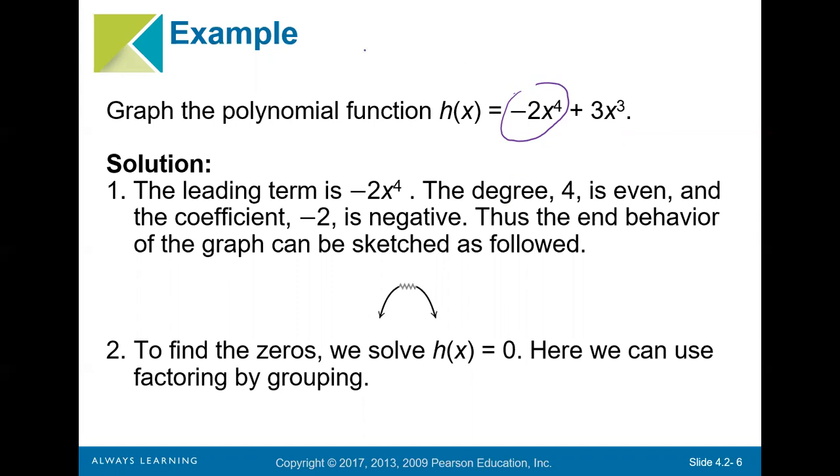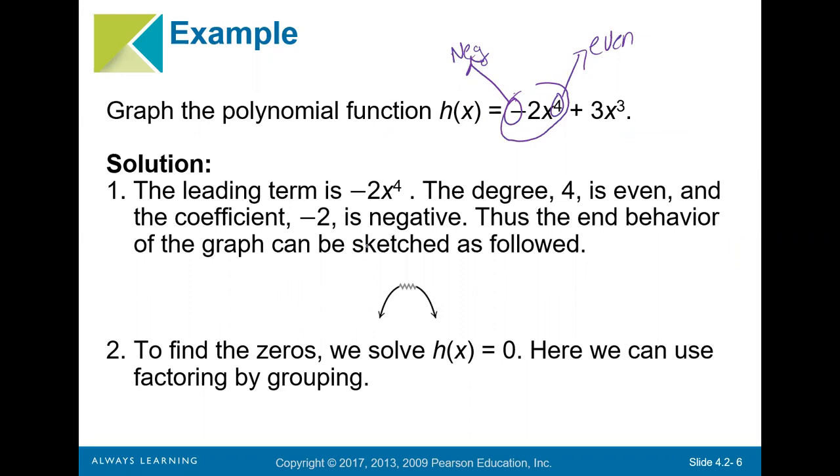So my leading coefficient is negative. Being negative, that's going to affect the way my graph works, and this degree being even is also going to affect it. You may want to go back to the rules from the beginning of the section on negative and even, and what it does to the function.